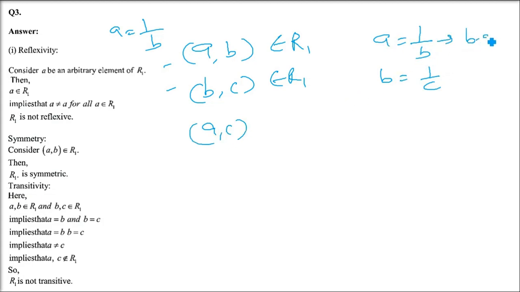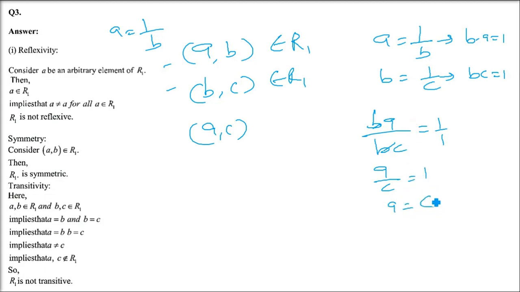So you can write AB equals 1, and this you can write as BC equals 1. You can divide them. So AB by BC equals 1 by 1. You can cancel the B. So A by C equals 1. So A equals C. You're not getting A equals 1 by C, you're getting A equals C. That means transitivity does not hold, because what you should get is A equals 1 by C. So it is not transitive.